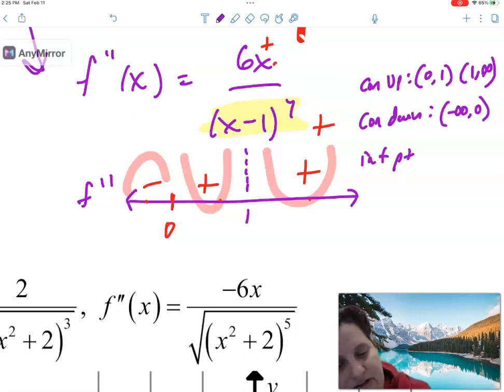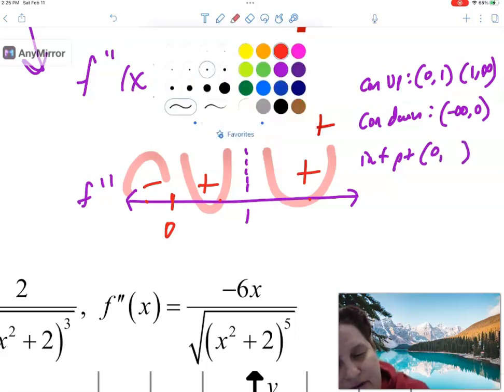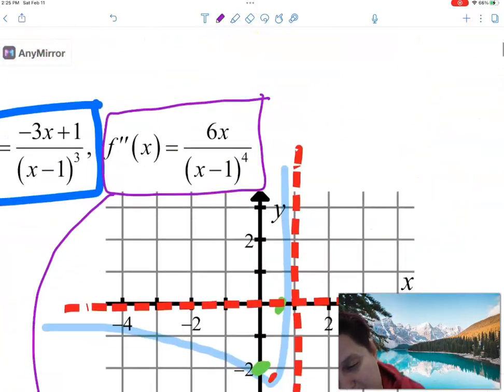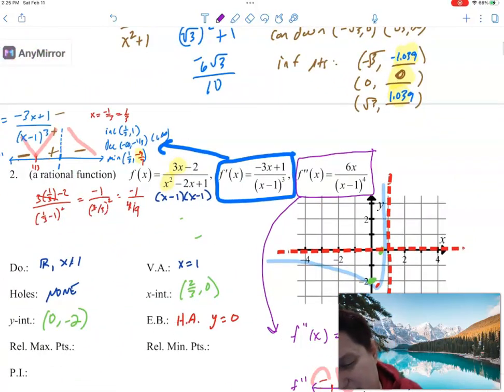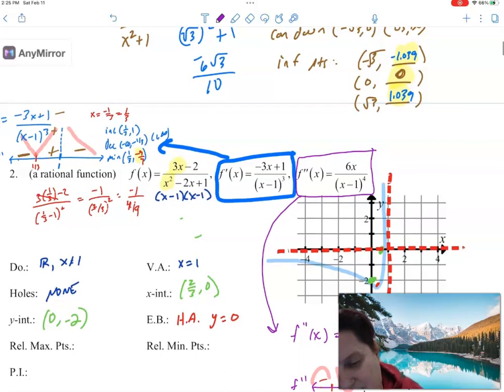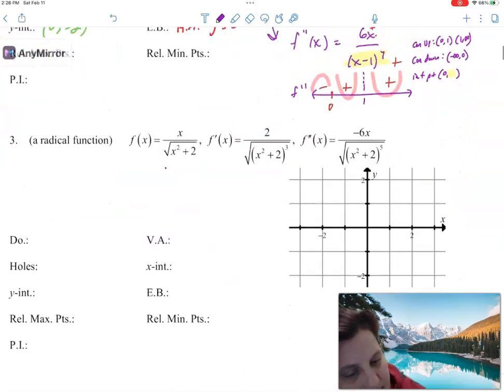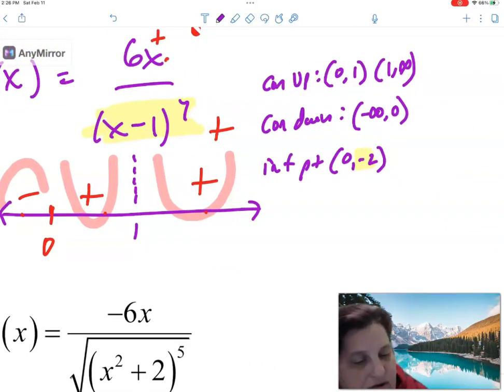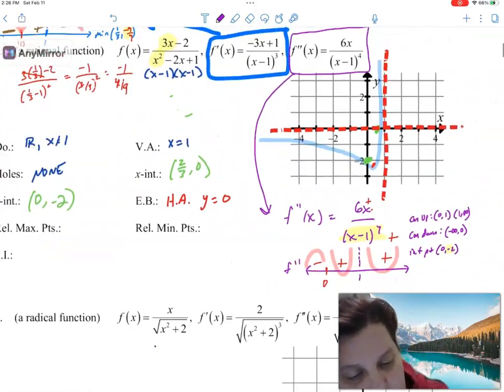And I have an inflection point at 0 something. Again, not at 1, that's my asymptote. My inflection point is at 0, and when I plugged in 0 into the original, I got -2. So the inflection point is (0, -2).